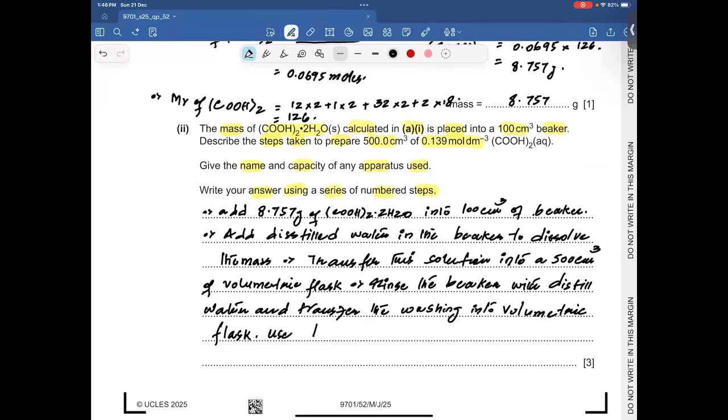Use dropper to add distilled water until 500 cm cube mark.